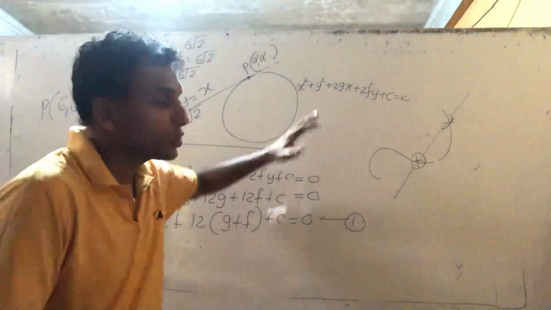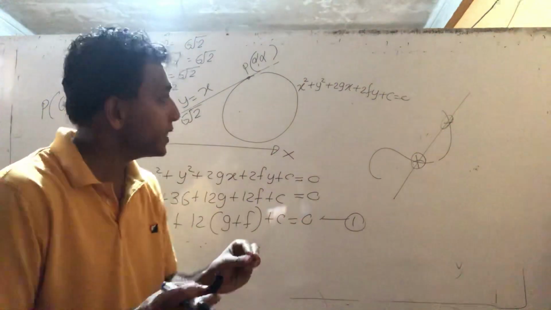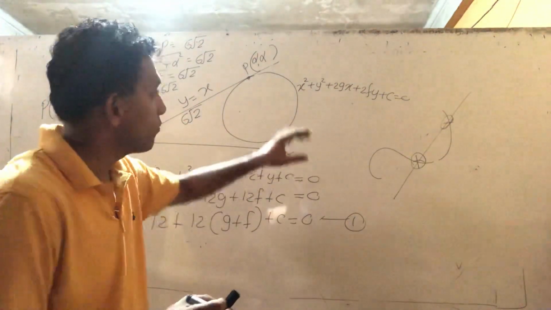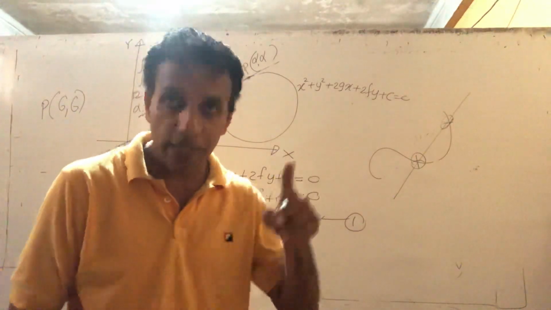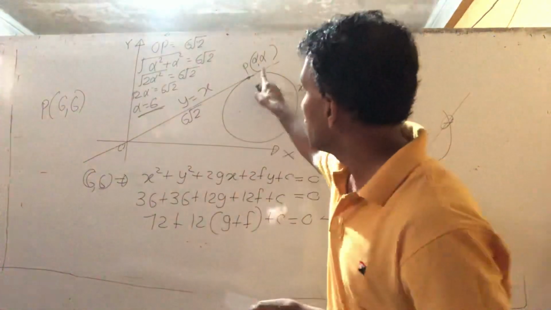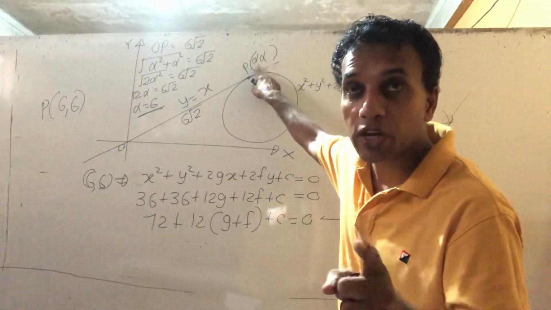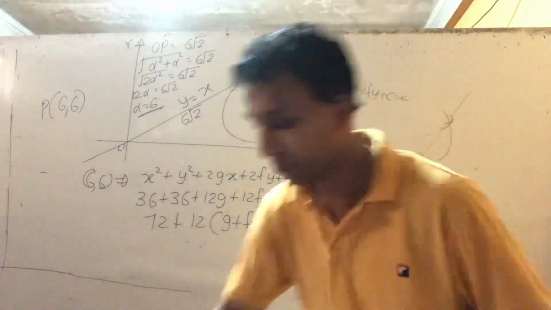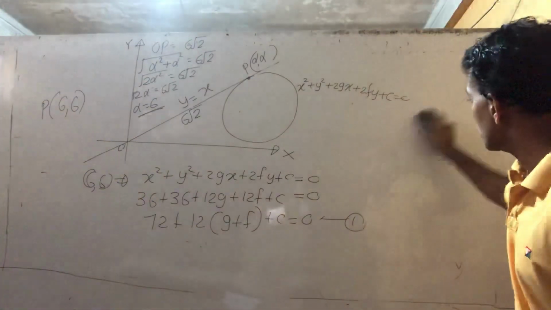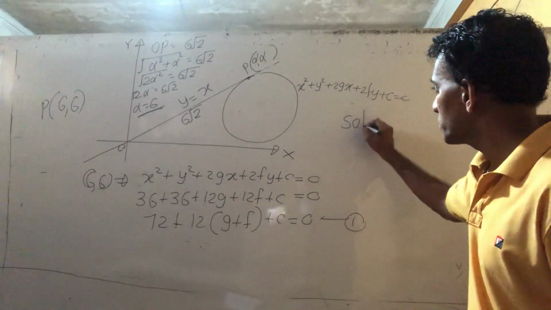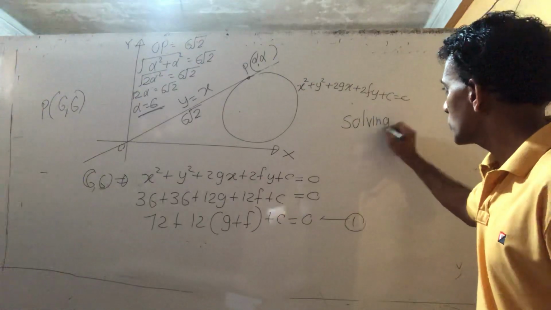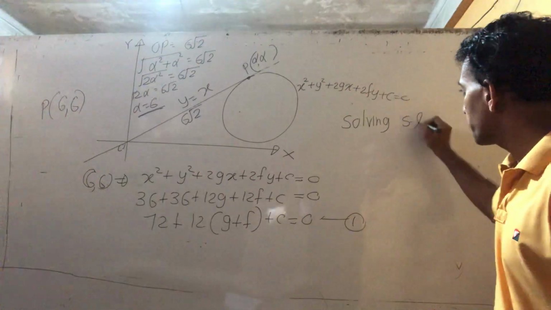Solve these two equations and find the coordinate where the tangent and circle touch. But both coordinates are the same, 5 comma 5, 10 comma 10, like that. So solving straight line and circle.